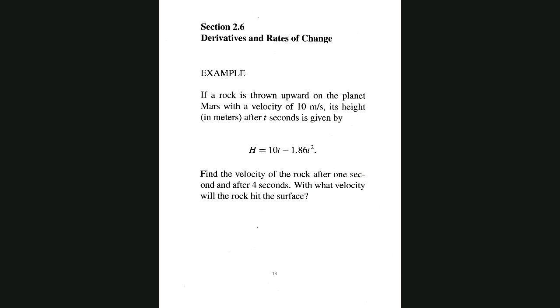So when they say in this problem, find the velocity of the rock after 1 second, they mean right at 1 second. And find the velocity of the rock after 4 seconds, they mean right at 4 seconds. So they're not looking for average velocities, they're looking for instantaneous velocities.